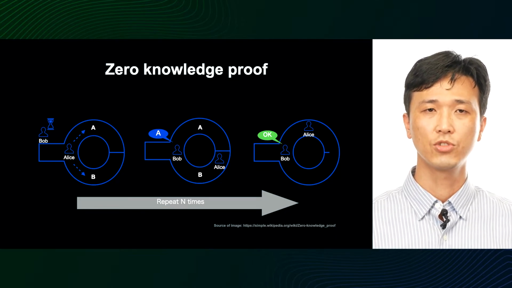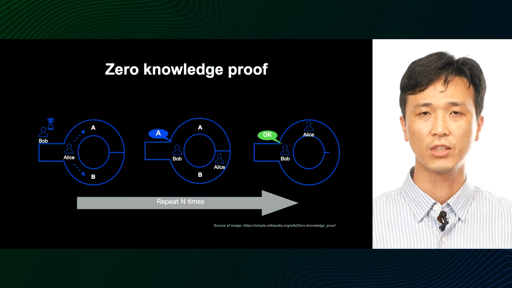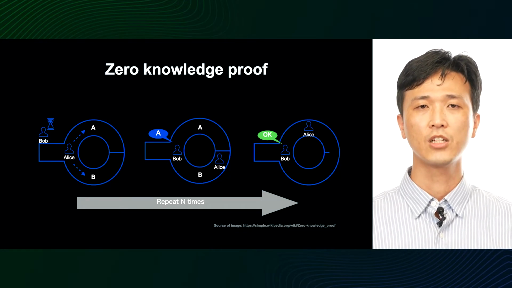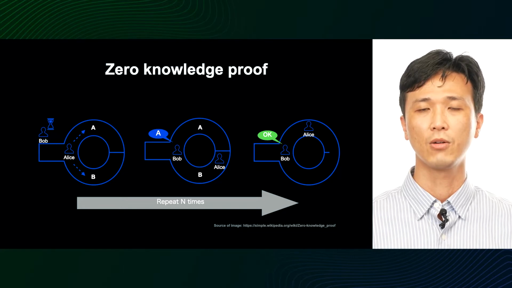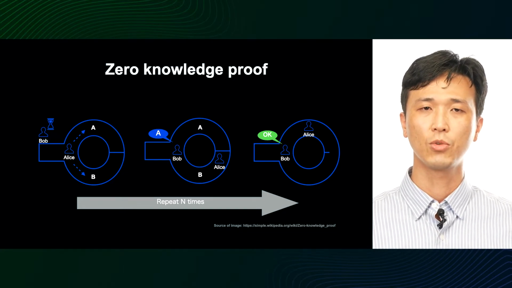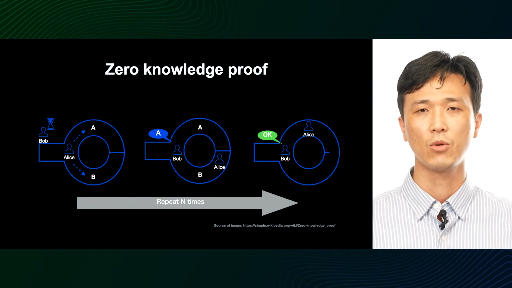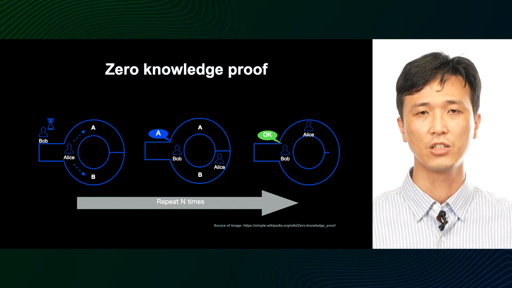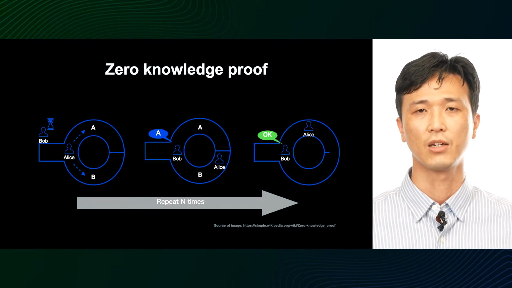So it means that Alice doesn't have to say the message that opens the door, and it's an easy understanding of zero knowledge proof. So the information can be hidden with a cryptographic method, and the validator can validate it.